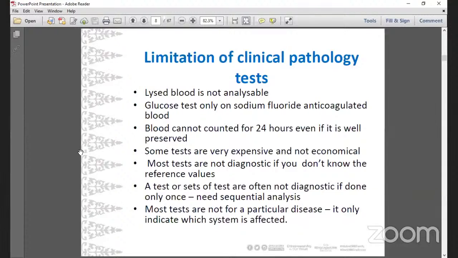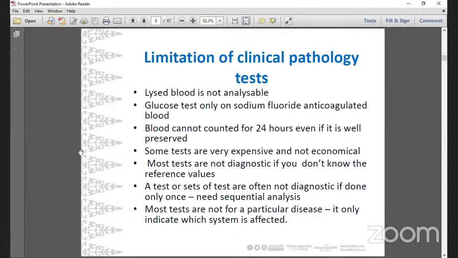So what are the limitations of the clinical pathology tests that include clinical chemistry? One thing we have to take note of is that the life is not analyzable. Number two, for the testing of glucose, the best sample is collected using sodium fluoride anticoagulated blood.